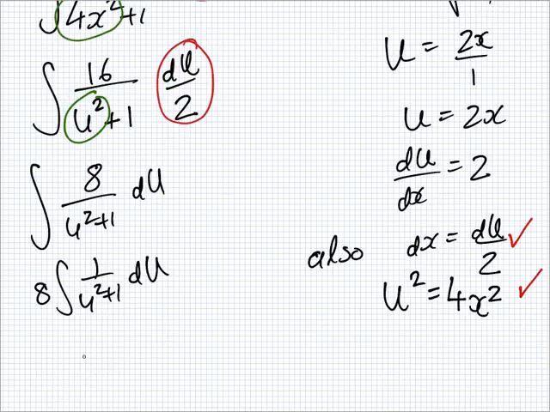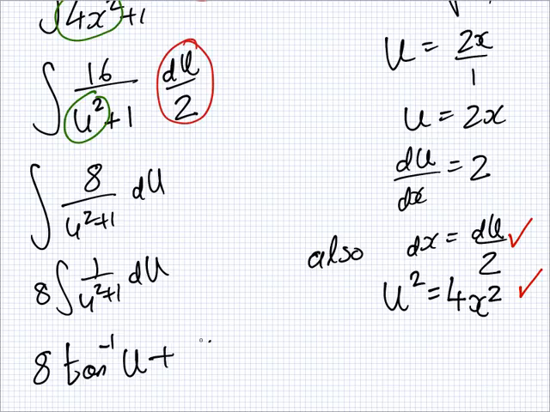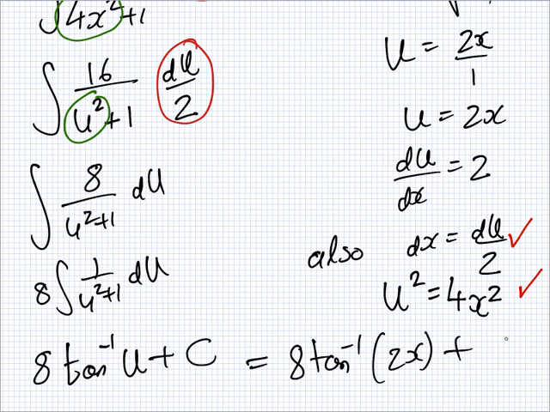Now what do I have here? Well, this is my new formula. What does that equal? Tan inverse u plus c. So finally I get 8 tan inverse 2x plus c.